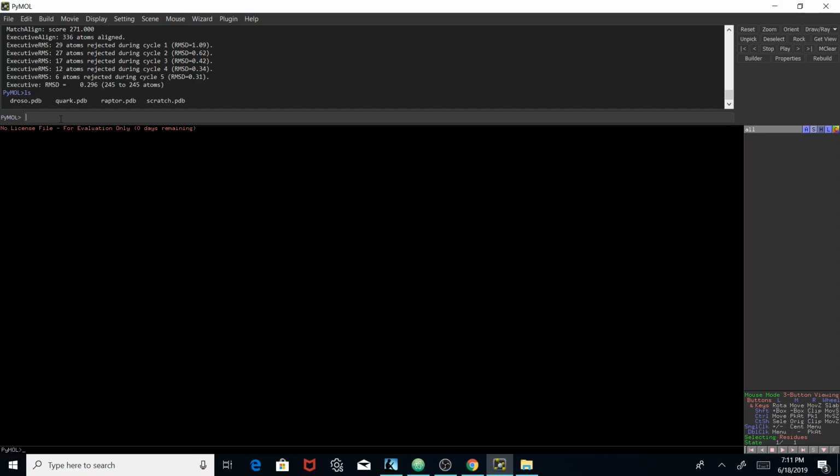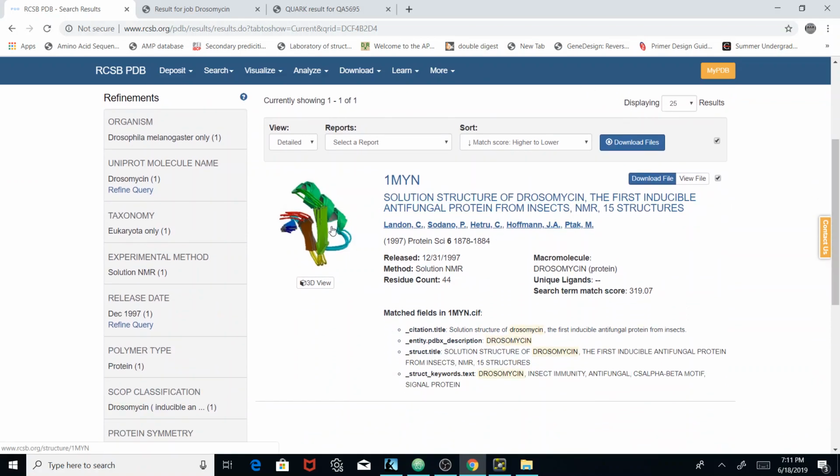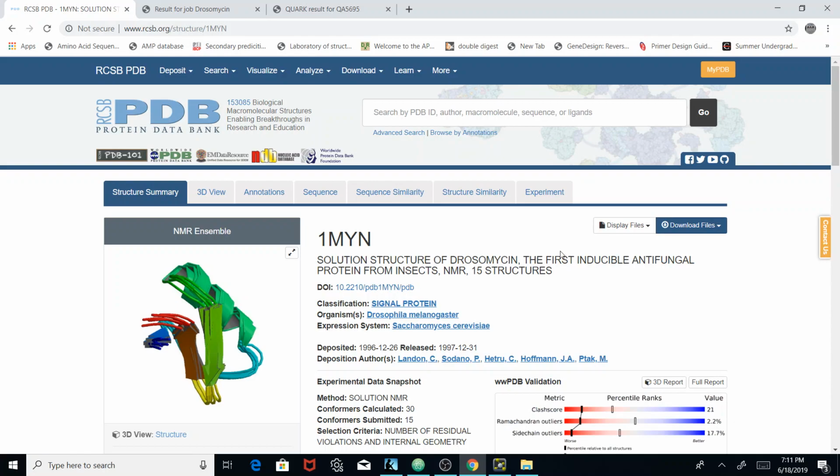Okay, so first I'm going to fetch the PDB file for drosomycin. So this file right here, if you go to PDB and you type in 1MYN, you'll get the protein structure that's been experimentally determined.